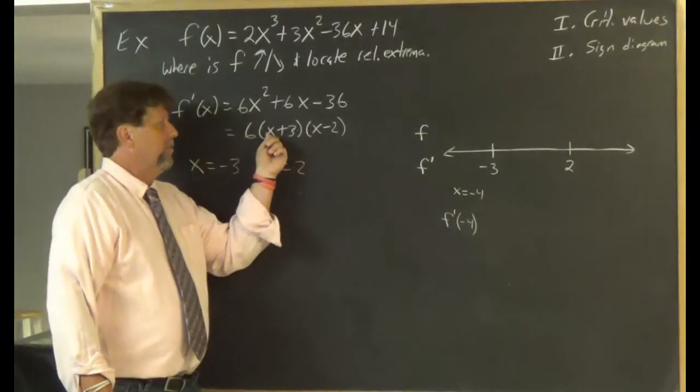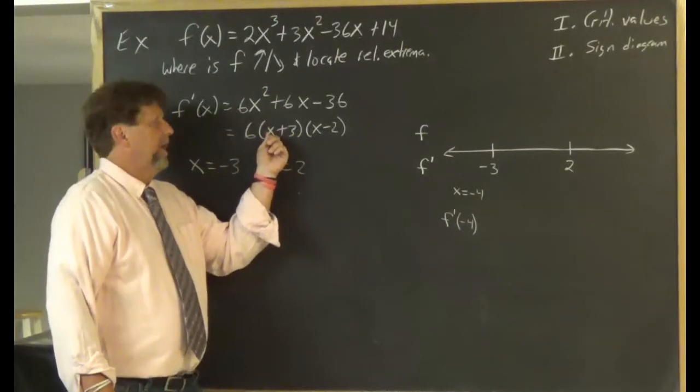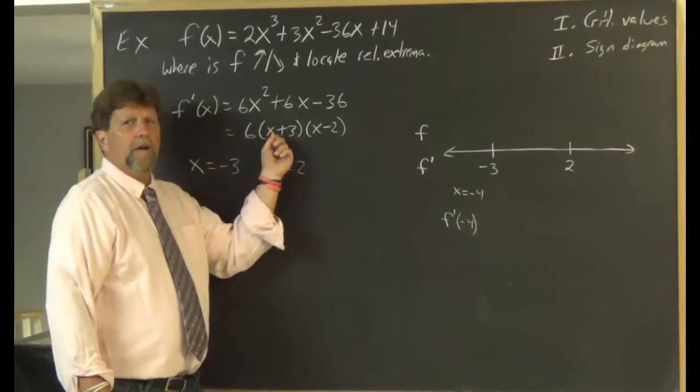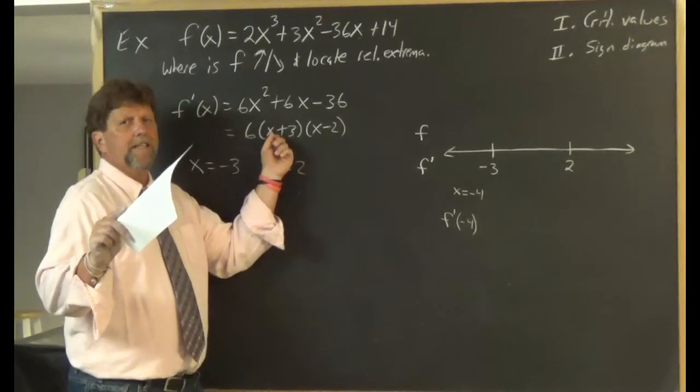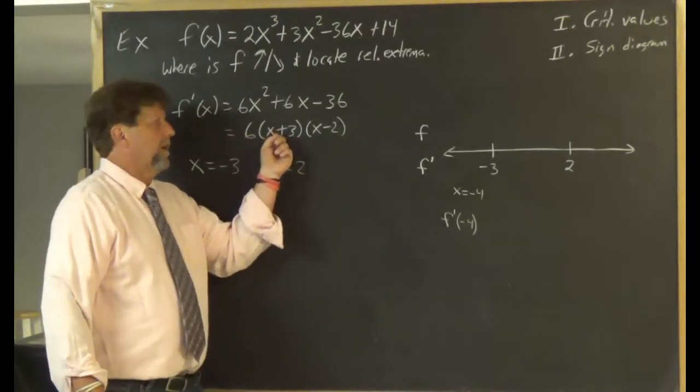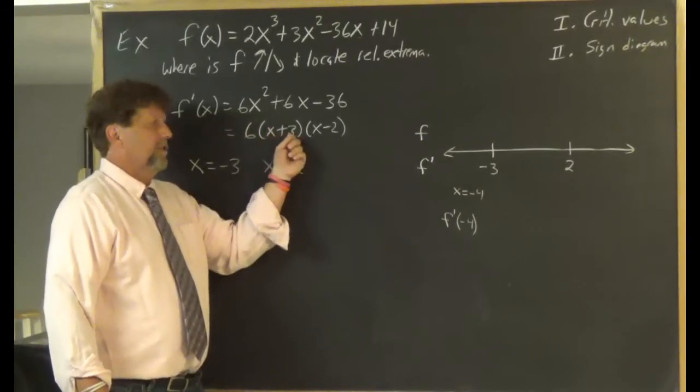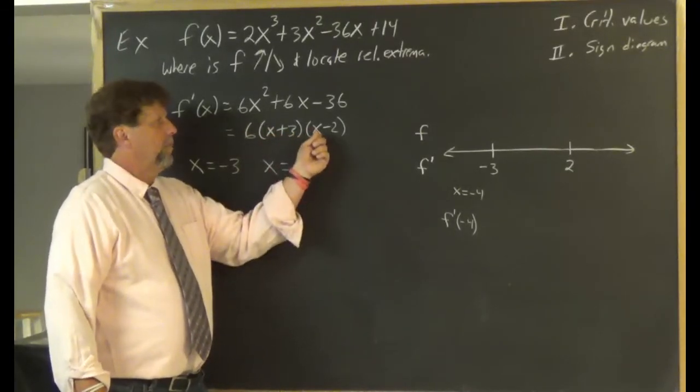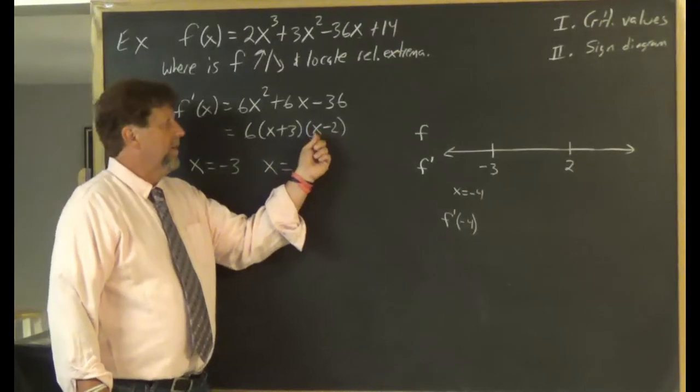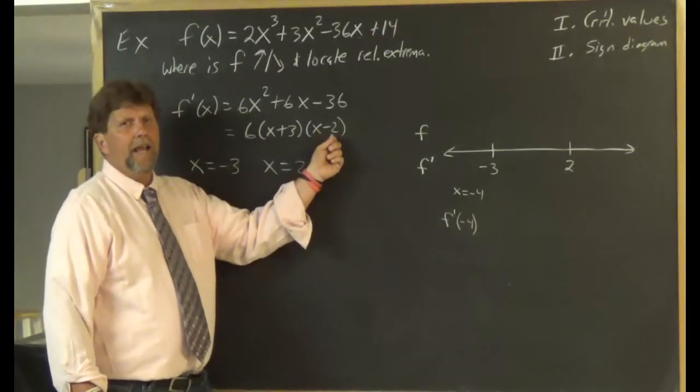If I put -4 in here for this x, well, -4 plus 3 is -1. The key word is negative. So when -4 comes in for x, this factor is negative. When -4 comes in here for x, this factor is also negative.